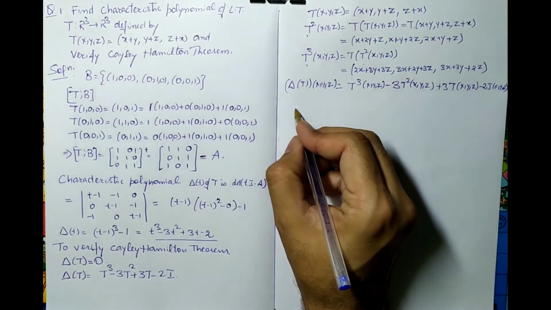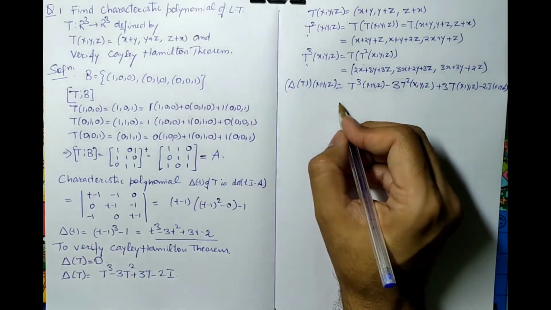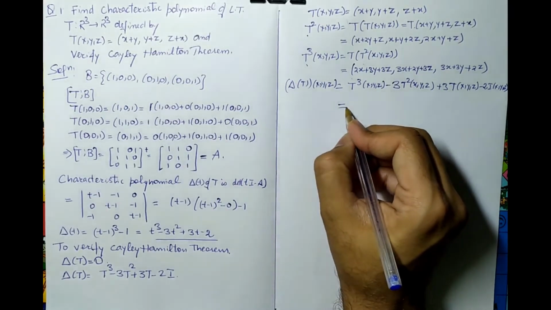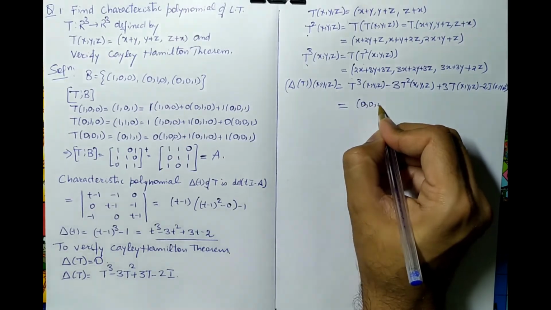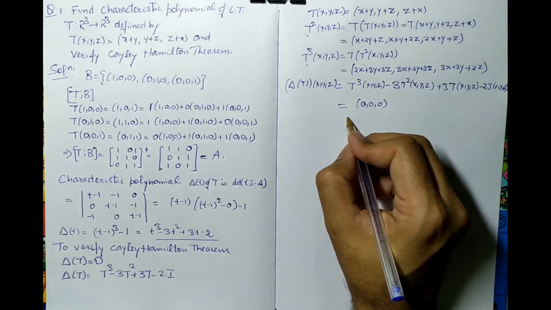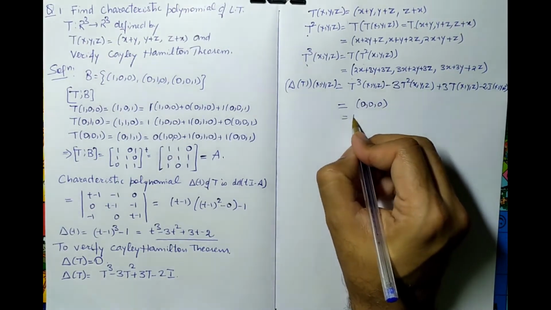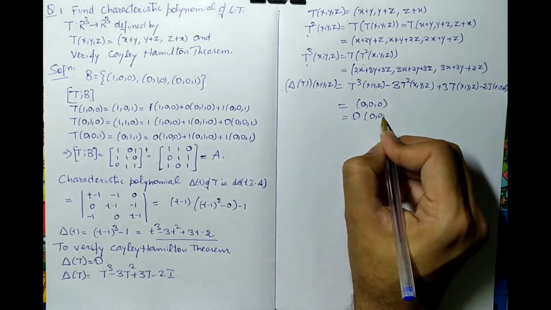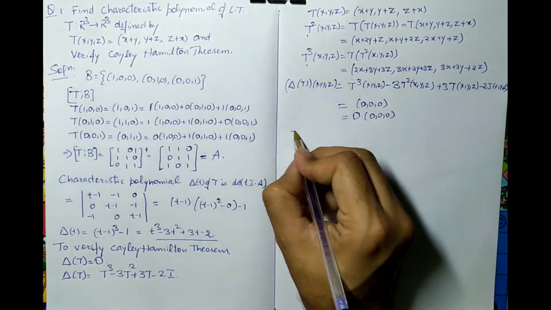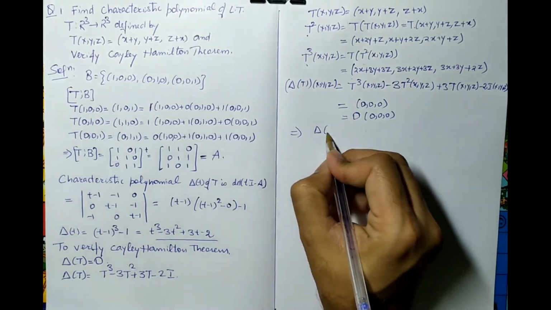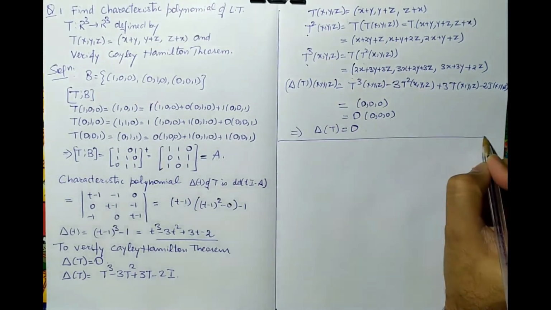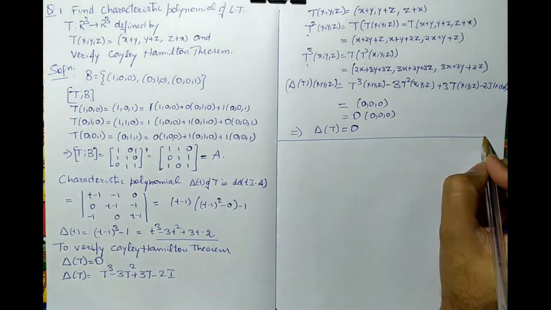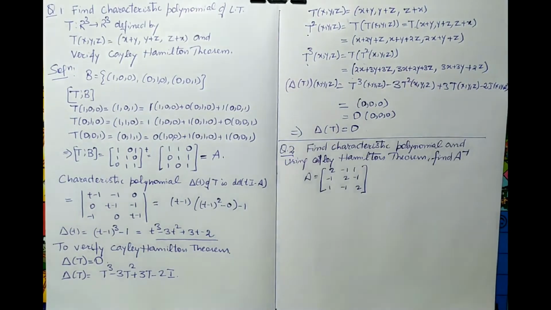Putting all the values and simplifying, we can easily see that this will come out to be (0, 0, 0), which is the zero operator of (x, y, z), which proves delta T is 0. So hence the Cayley Hamilton theorem is satisfied.